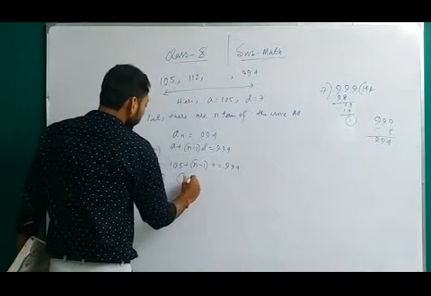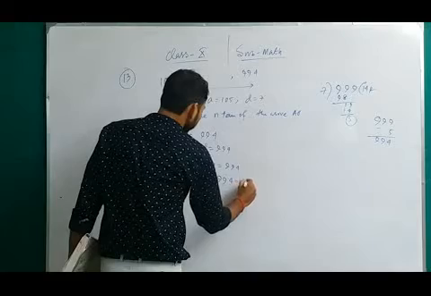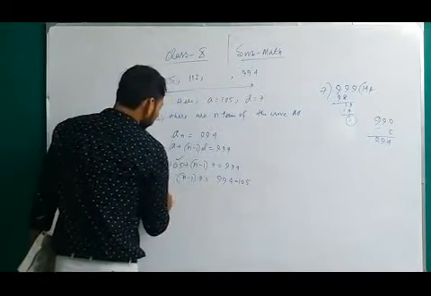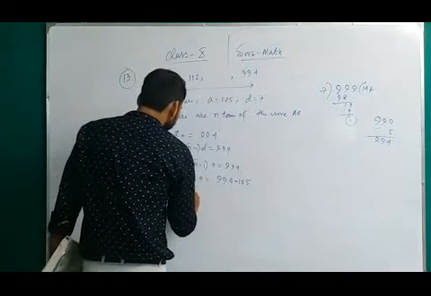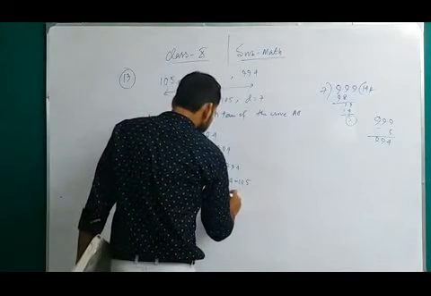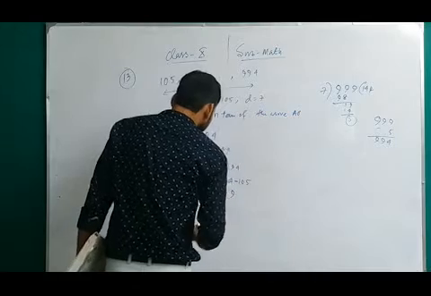That means n minus 1 into 7 equals 994 minus 105. Whenever this term moves to the RHS, the sign will be changed. That's why it is subtracted from 994. So n minus 1 into 7 equals 889.